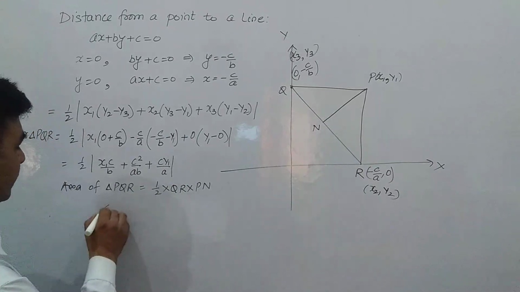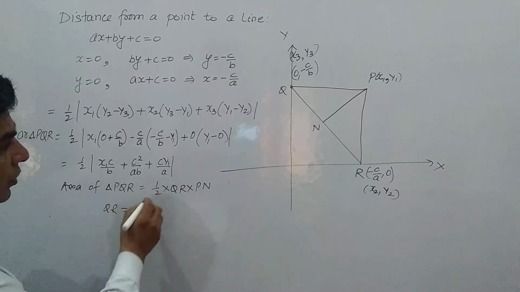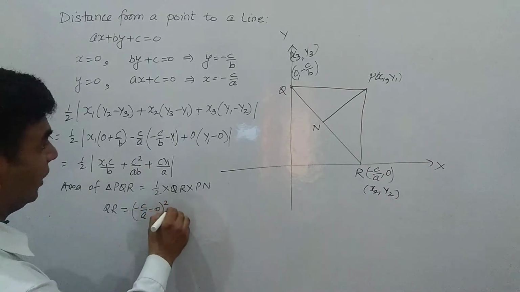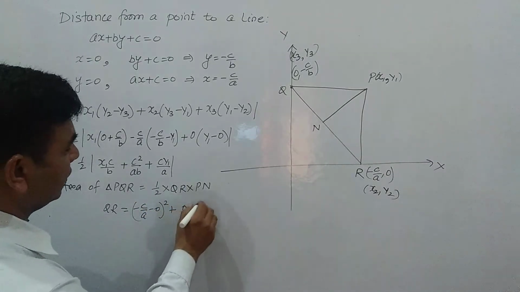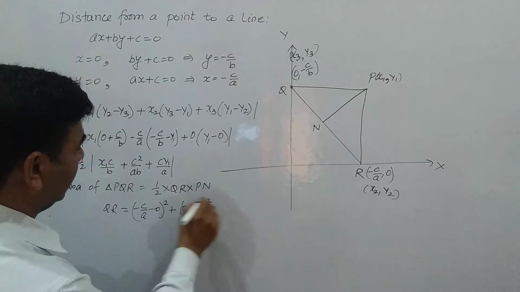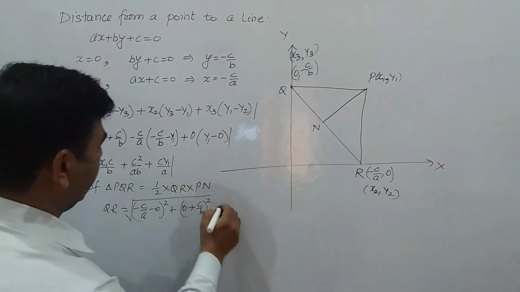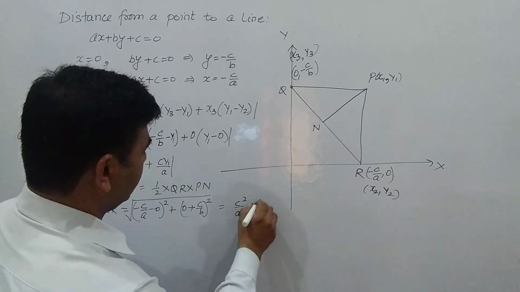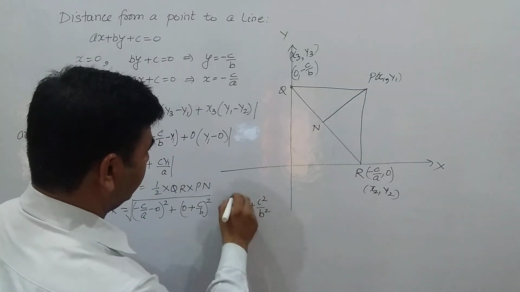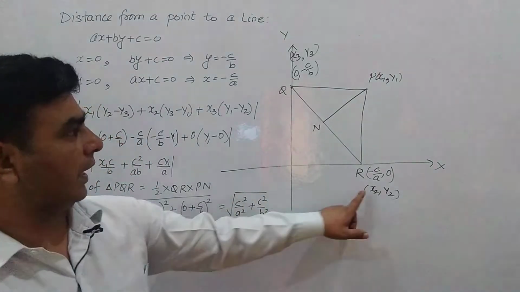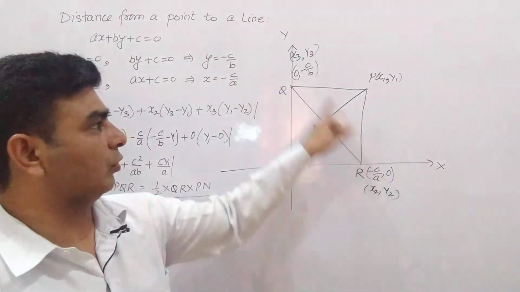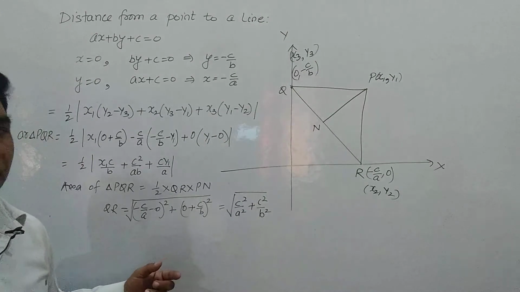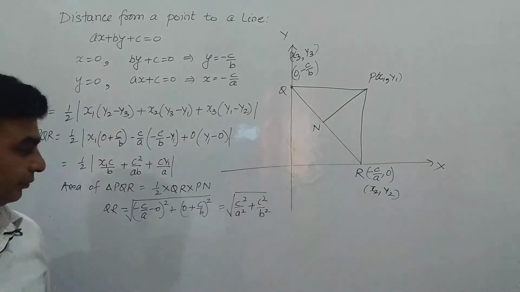So QR is given by the square root of minus c by a minus 0 whole square plus 0 plus c by b whole square, and this can be written as the square root of c square by a square plus c square by b square. I have used the square root of x2 minus x1 whole square plus y2 minus y1 whole square. This is the distance formula to find the distance between Q and R.